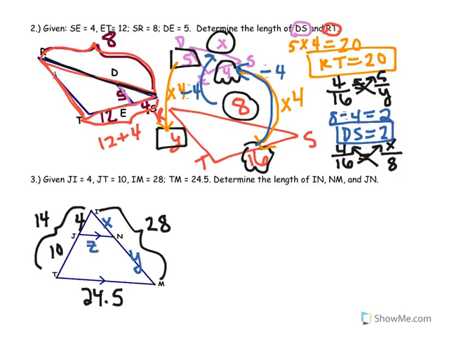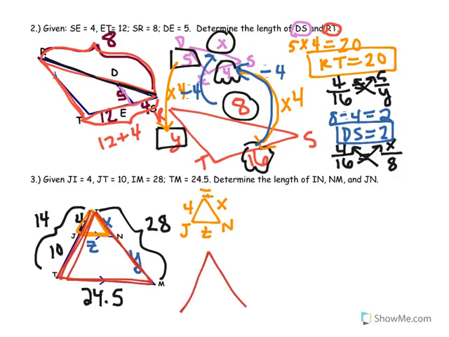Okay? First step, like always, draw the two triangles separately. So let's draw the first triangle up top. That was JIN. And my side lengths were 4, Z, and X. And now let's draw the bigger triangle.